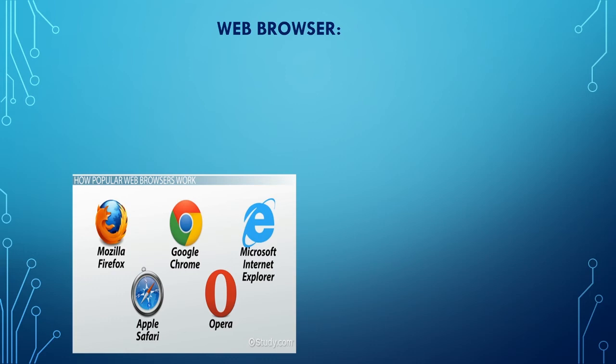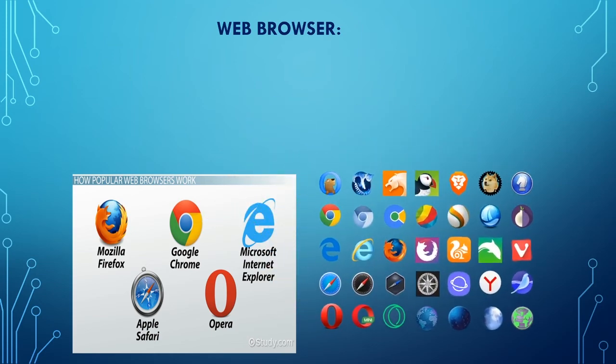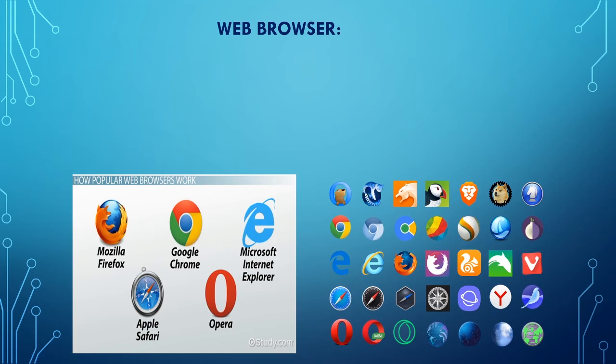These are some examples of web browsers. These are some of the familiar names related to you, like Mozilla Firefox, Google Chrome, Internet Explorer, Apple Safari, Opera Mini, Netscape Navigator, and Microsoft Edge. Let me show you some more web browsers, like UC Browser and many more.